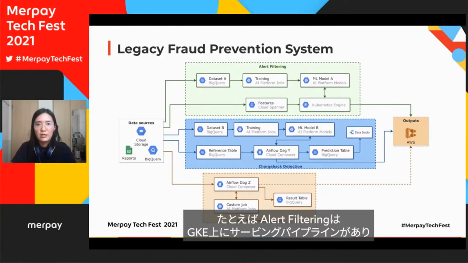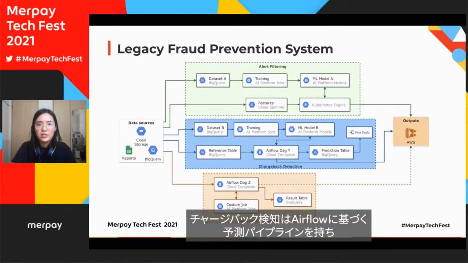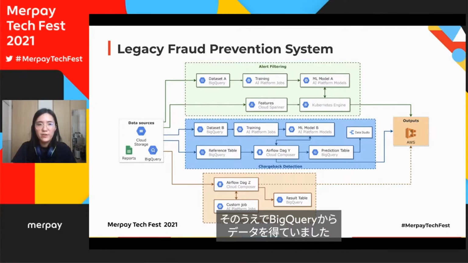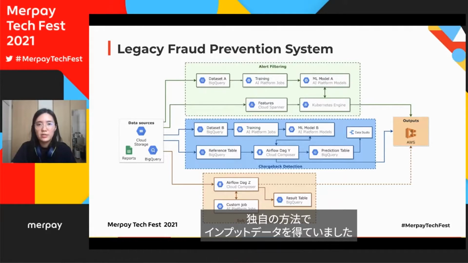For example, alert filtering has its serving pipeline on GKE and fetches the online features from Spanner. Chargeback detection has a prediction pipeline based on Airflow and fetches the data from BigQuery. And other non-machine learning solutions, like suspicious account detection, also have their own independent ways of fetching input data and providing services.